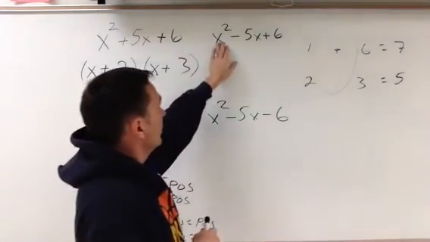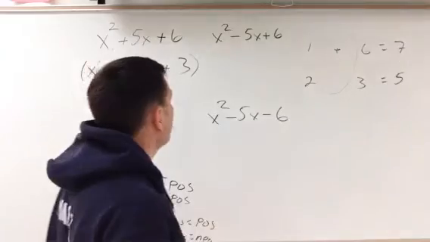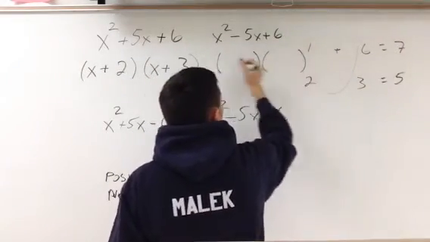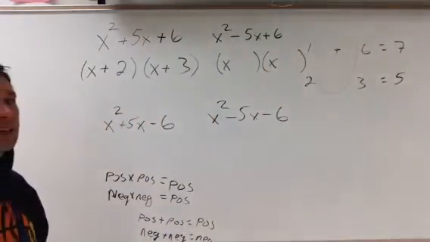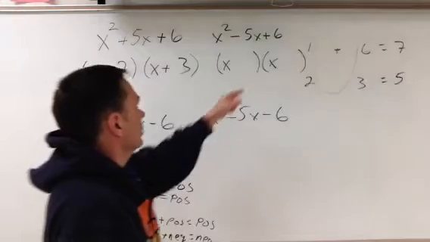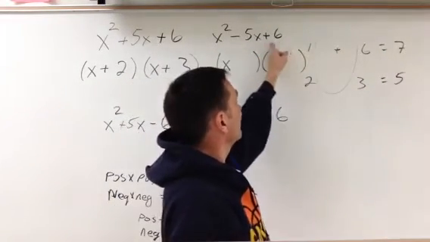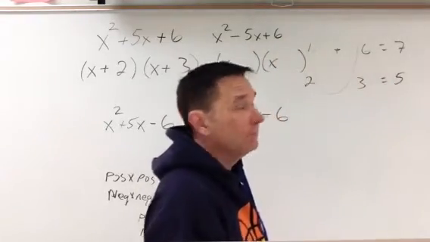This next one looks very similar, except this is minus. Again, same thing applies. The easy part, I always do the easy part first, x and x. Now you want to think about the signs. Positive times positive is positive, but we want negative numbers here.